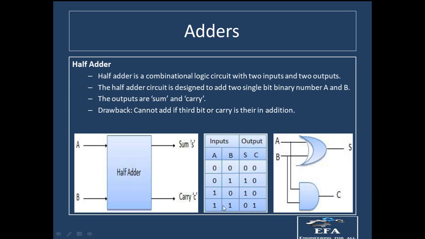If we have 2-bit numbers, this 1 would have gone to the other 2 bits for the addition. In that case we would have 3 bits to add, so this type of adder fails. We can say the half adder is usable only if we have single bit numbers for addition.